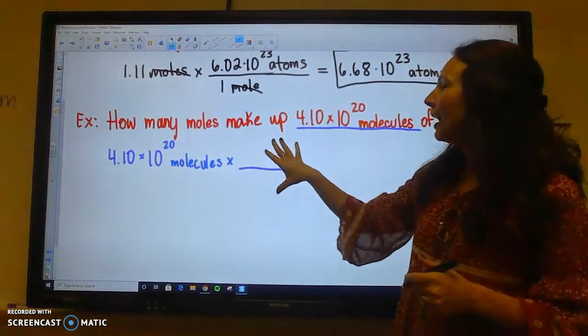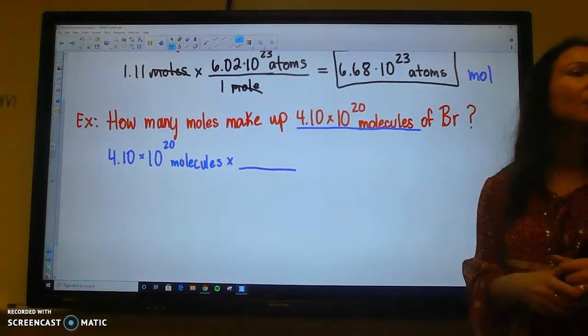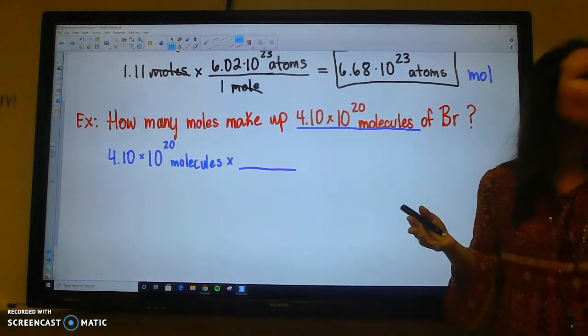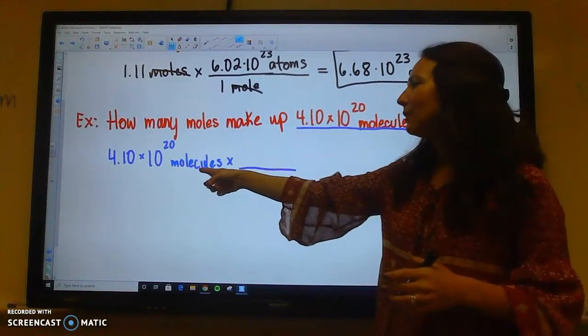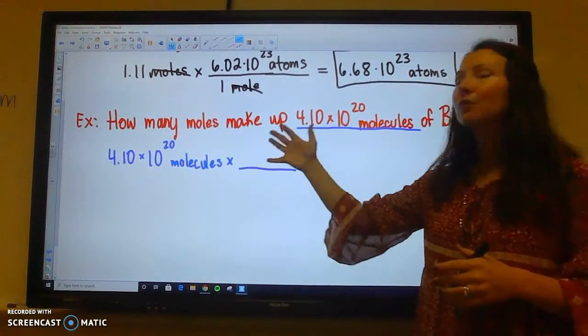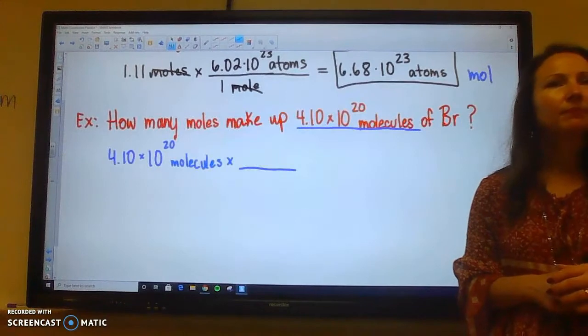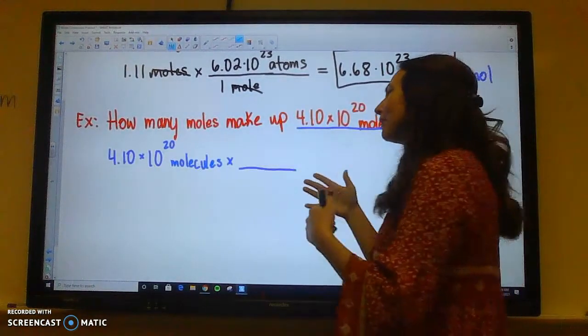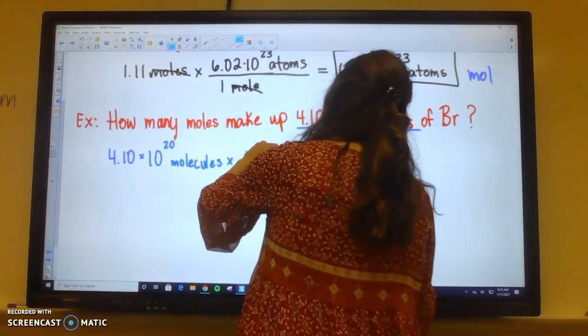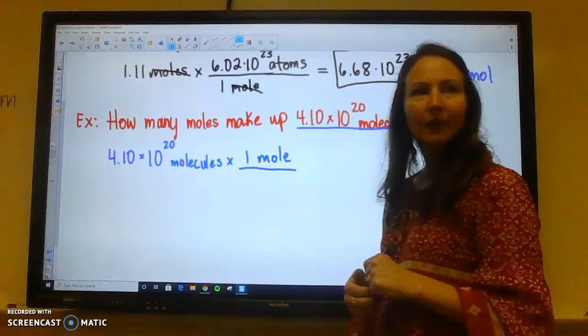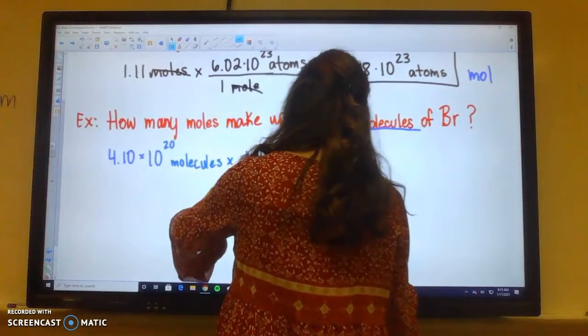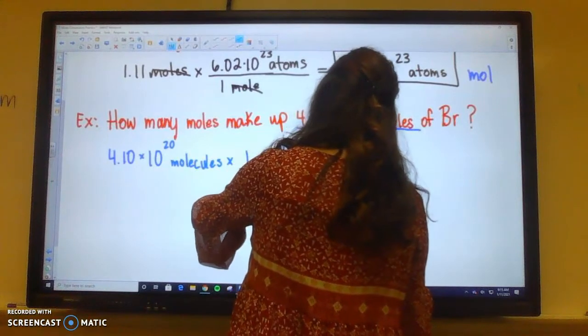Okay, so now we're going to have a conversion using Avogadro's number and then 1 mole. So we start with molecules. Where does molecules go in this conversion? Denominator. How many molecules are in 1 mole? 6.02 times 10 to the 23rd. Okay. And guess what?